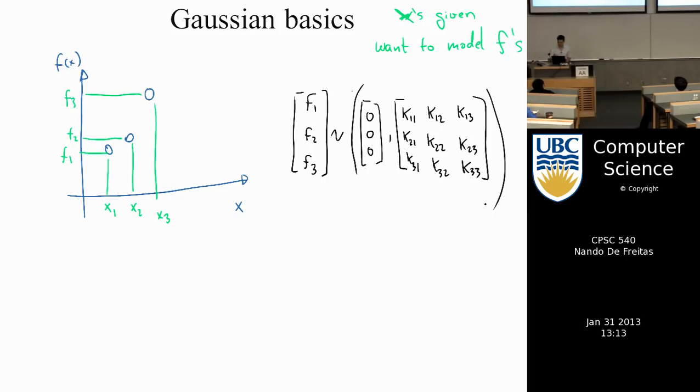So I should expect that, let's say that the variances along the diagonal are 1, x1 and x2 are a bit more correlated, perhaps.